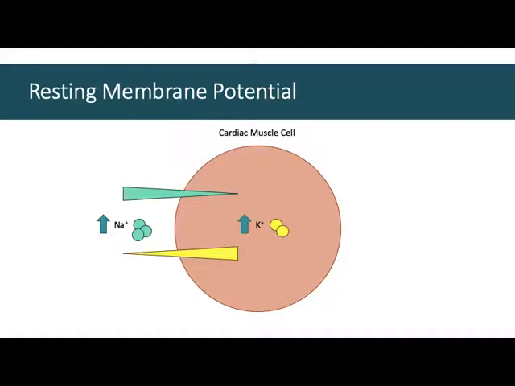So we have high sodium concentration outside, high potassium concentration inside. And part of the resting membrane potential doesn't only lie on where the charges are placed, but the ability to change the charge relies on how much of those ions there are. The concentration, or the ability to move ions down their concentration gradients.